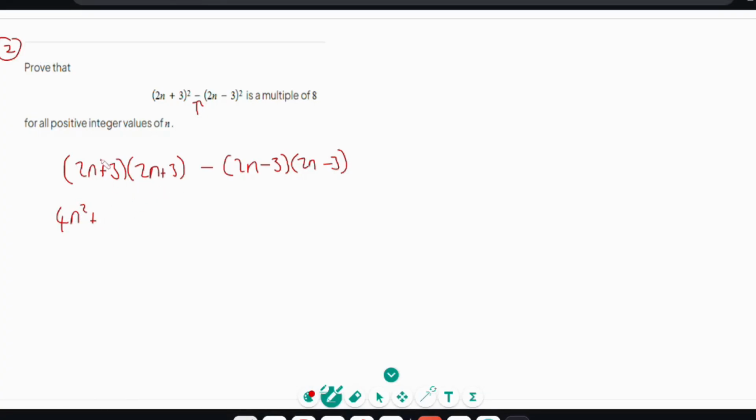Three times 2n is 6n. Now I'm just going to be careful here. I'm going to leave this in a single bracket even after I've expanded it because of this subtract. Got to be really careful there.